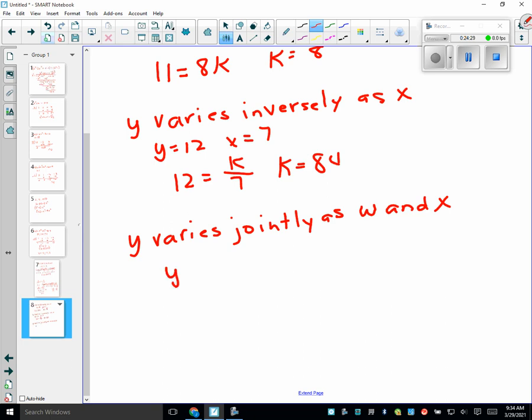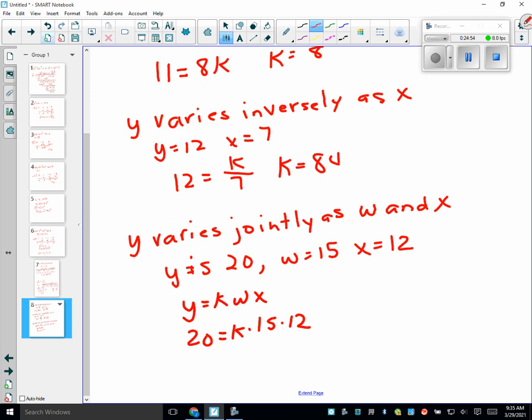So y is 20, w is 15, x is 12. So we do y equals KWX, don't we? Oh, yeah. So 20 is K times 15 times 12.